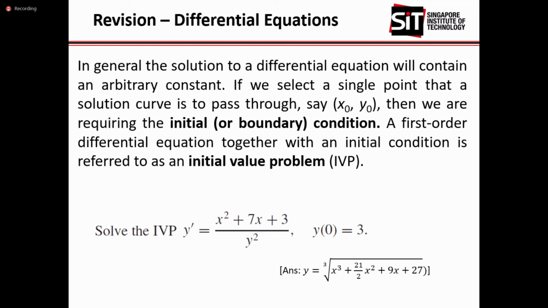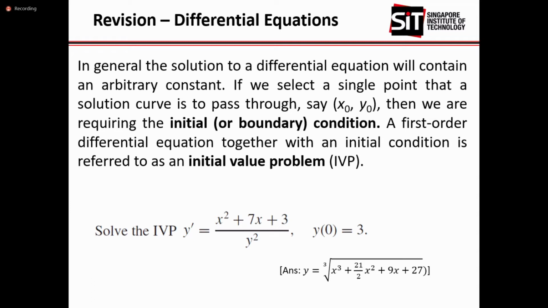To determine the value of the integration constant, we must know the value of the solution at a particular point. So for example, the velocity at t equals 10 seconds, or the value of the function y when x is equal to 3. So this defines what are known as the boundary conditions of the differential equations.